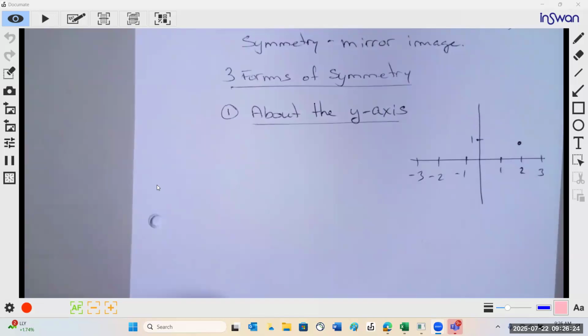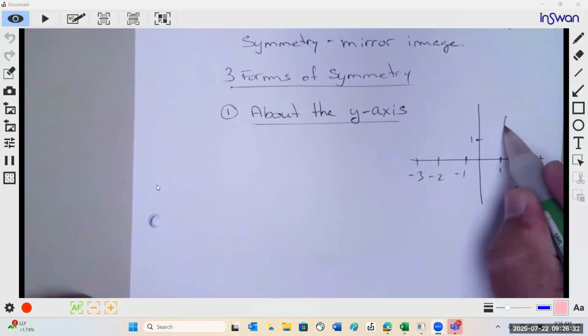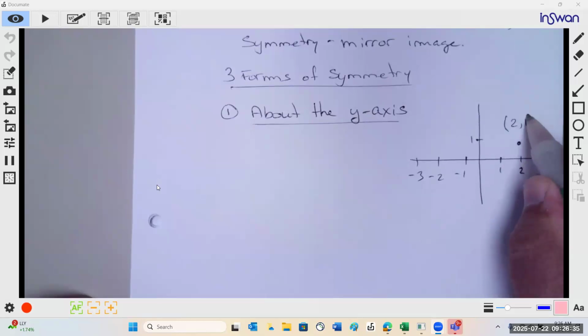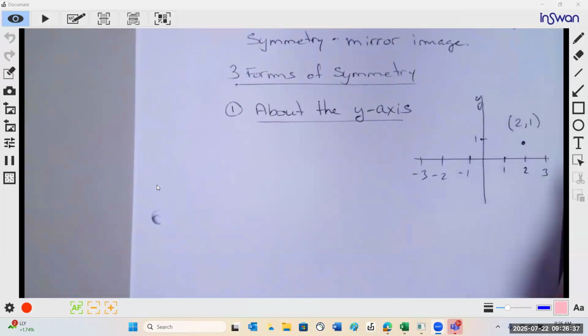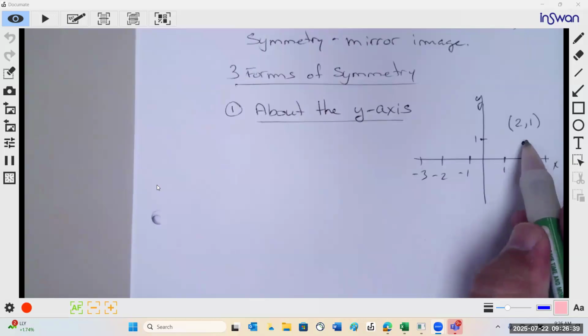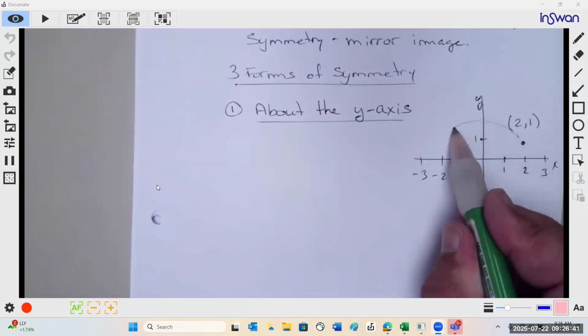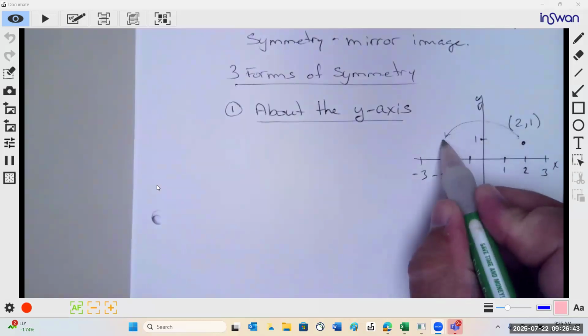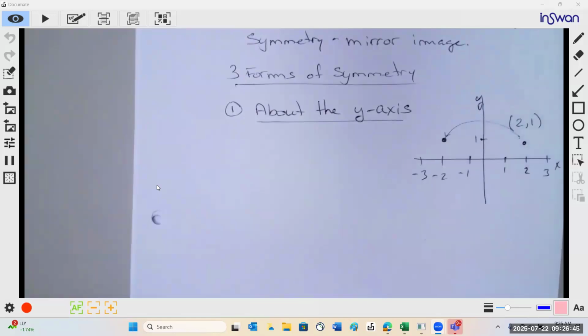If I had a point at that location there, what is its location? This is the y-axis, this is the x-axis. If it's symmetric about the y-axis, that means there's another point here. What is its location?